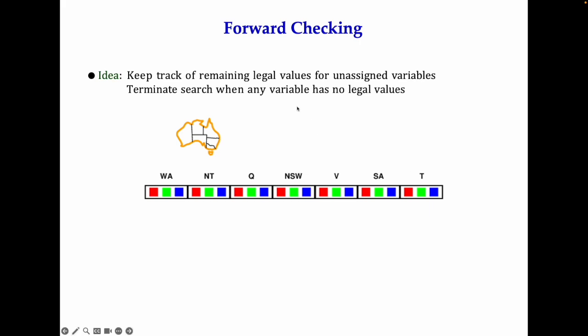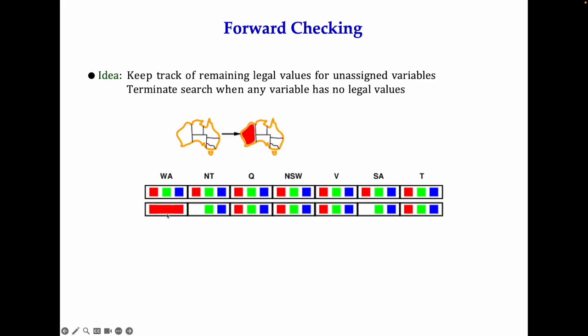Now, reviewing forward checking. As soon as we assign a color to a region, we see the impact on all its direct neighbors, okay? So if, for example, you assign red to Western Australia, what are the direct neighbors?